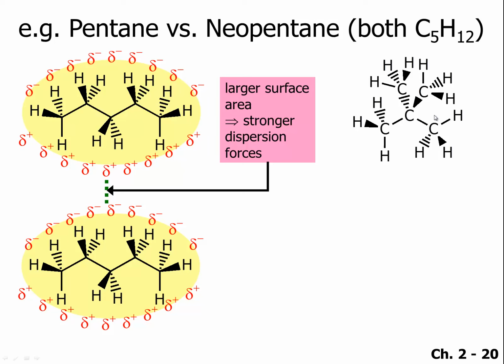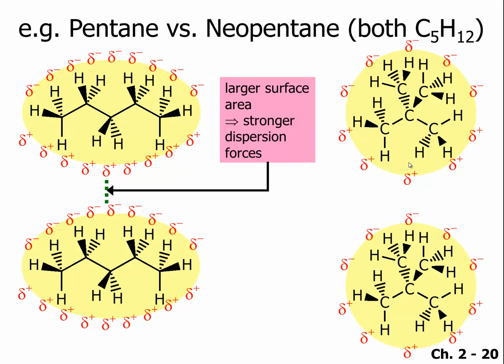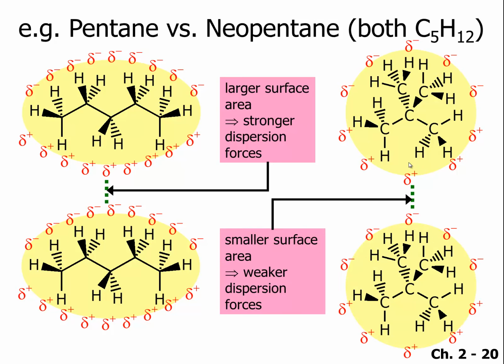So it's more spherical, and because it's more spherical, it actually has less surface area. More branching is going to decrease the surface area, and as you decrease the surface area, you're going to have smaller dispersion forces. So as you get more branching, you're going to have smaller surface area, and less surface area is of course going to give you weaker dispersion forces.